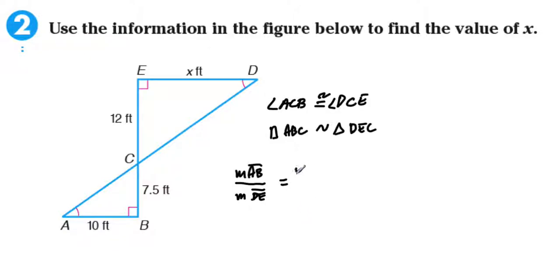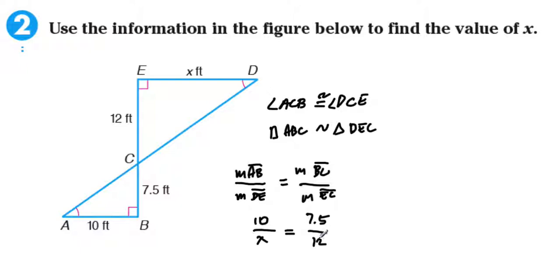So we have the measure of segment BC over the measure of segment EC. From there, we can now substitute values. We know that AB is 10, DE is X, BC is 7.5, and EC is 12.